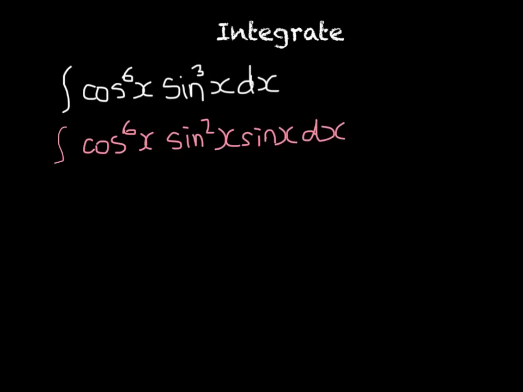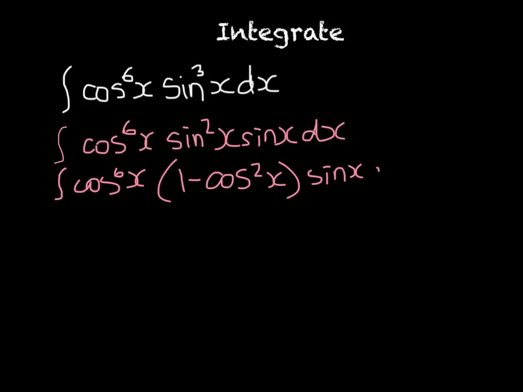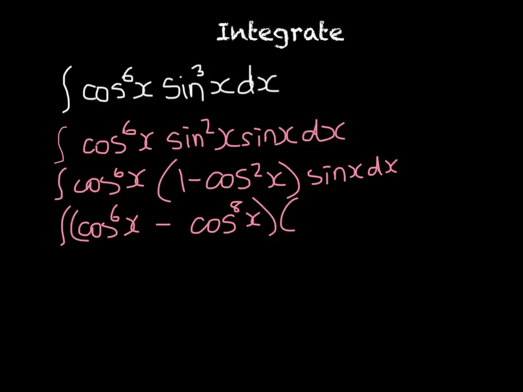Now we're going to convert our sine squared into a cosine squared using a trig identity. And then multiply out, so cosine to the 6th x minus cosine to the 8th x, all of that multiplied by sine x dx.